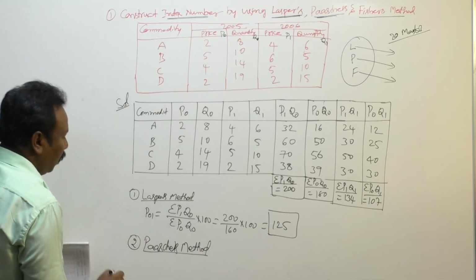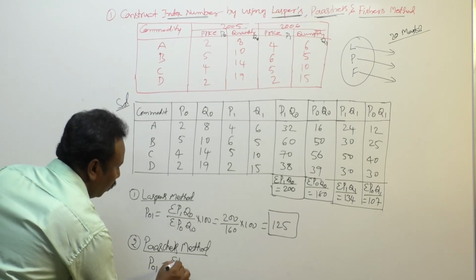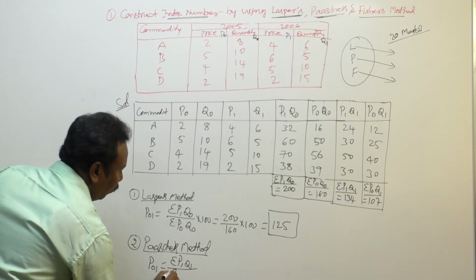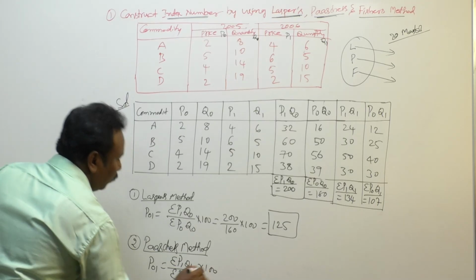Under that the formula is P01 equals sigma P1 Q1 divided by sigma P0 Q1 into 100.